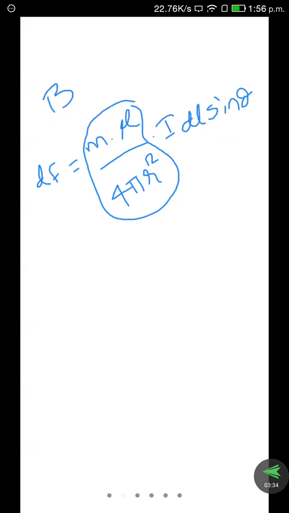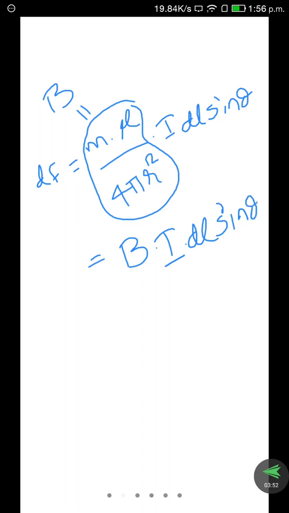So this entire constant portion we take equal to the constant B. Instead of the entire constant term, we substitute the equivalent as capital B into I into dl sin theta. This is the flux density at a distance r from a magnetic pole of strength m Weber.